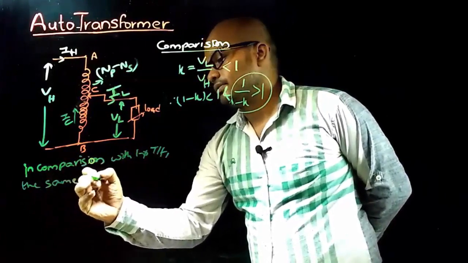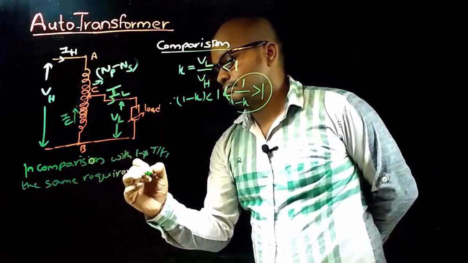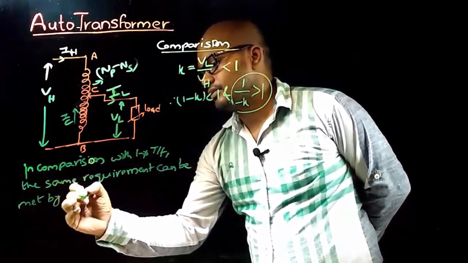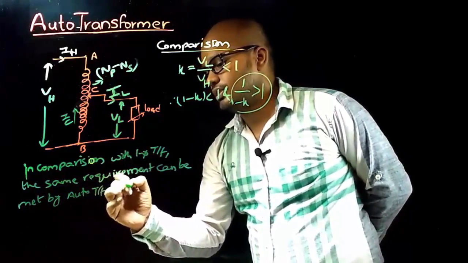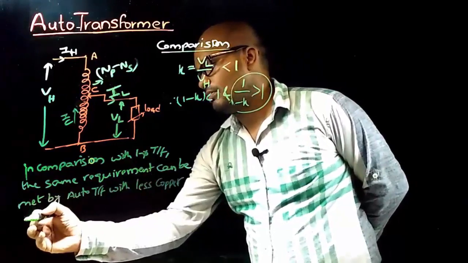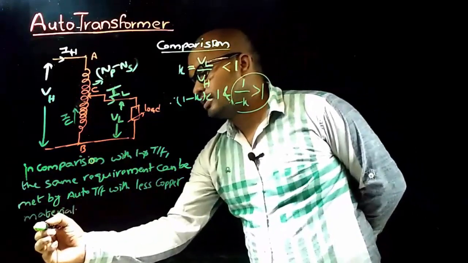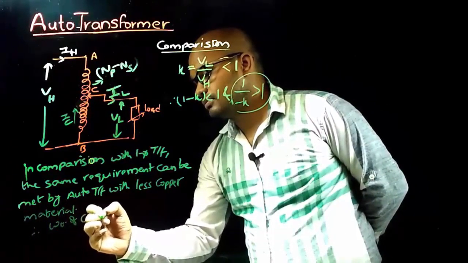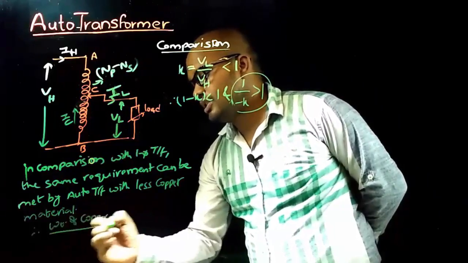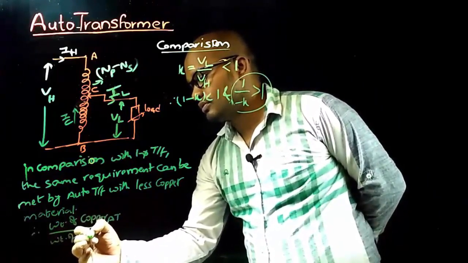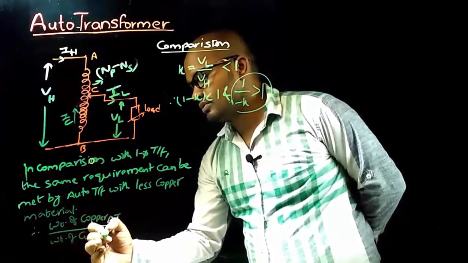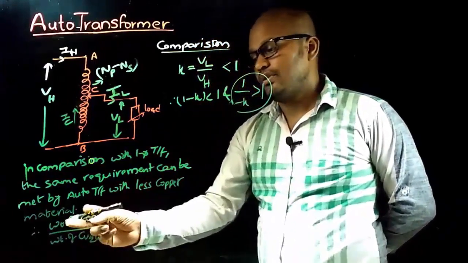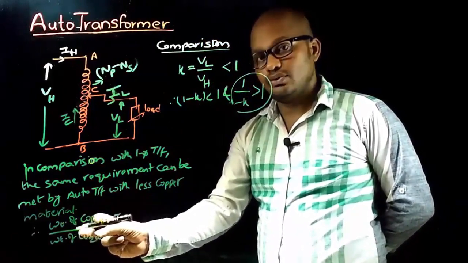One important point that you must make an important note of: in comparison with a single phase transformer, the same requirement can be met by autotransformer with less copper material. Therefore, the ratio of weight of copper of autotransformer to the weight of copper of two winding transformer can be equated to 1 minus k, because weight of copper is less when compared with the two winding transformer.